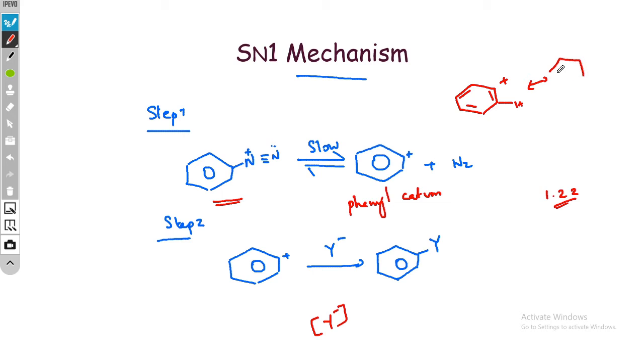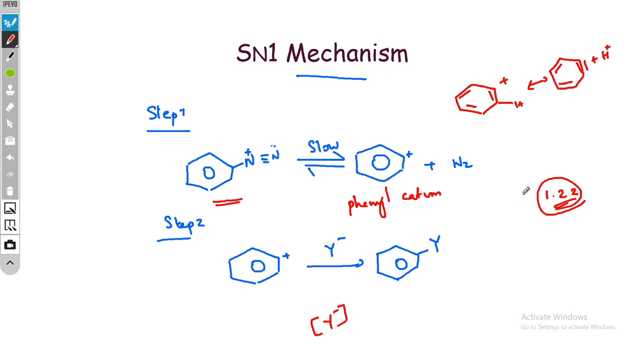Here this bond is breaking and this is going here, and a benzene is formed. So it is stabilized by this type of hyperconjugative structure. So we can say this hydrogen is involved in this kind of stabilization, so that the isotopic effect of 1.22 is obtained.